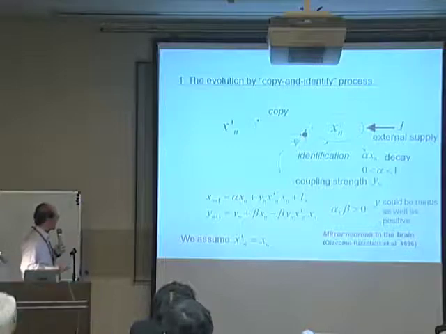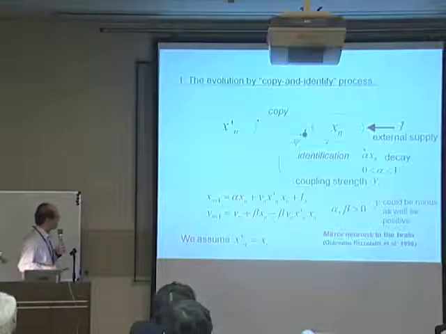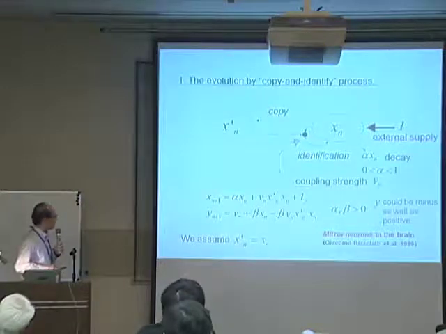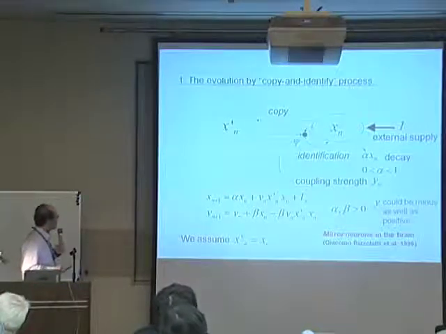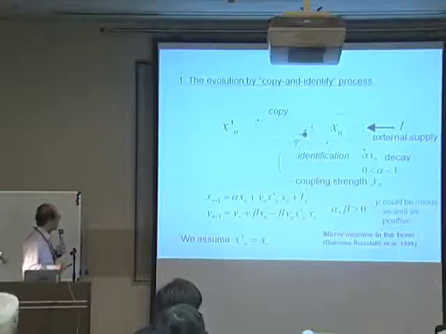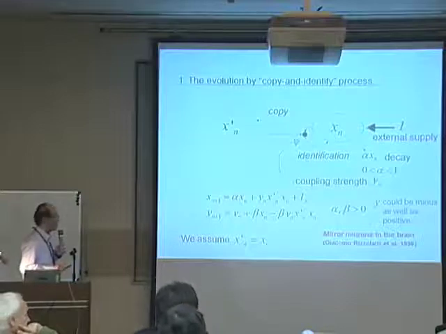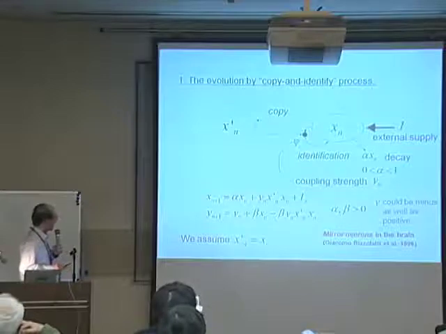The coupling strength could be a variable, not a parameter here, which is supposed to vary slowly, much slower than the system's variable X. Additionally, I suppose the external supply and the natural decay of the system itself.